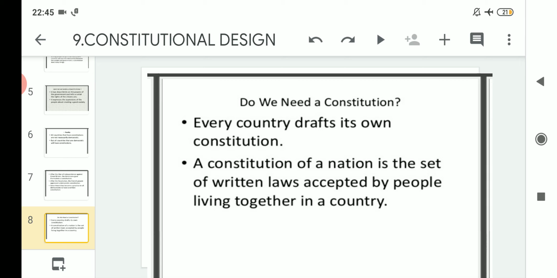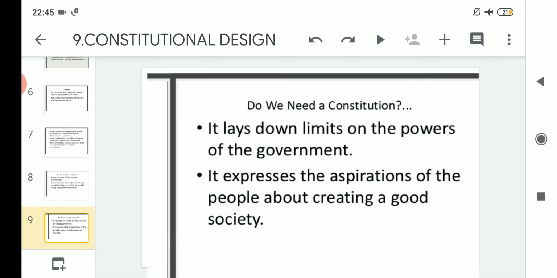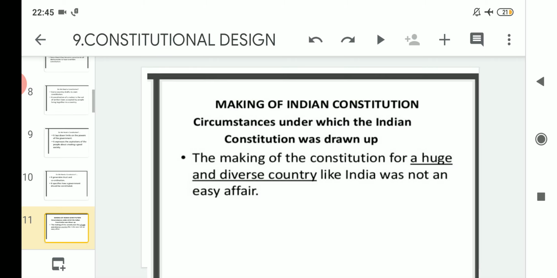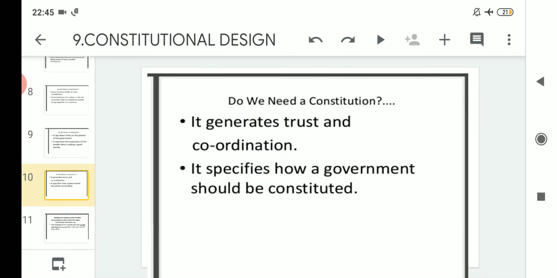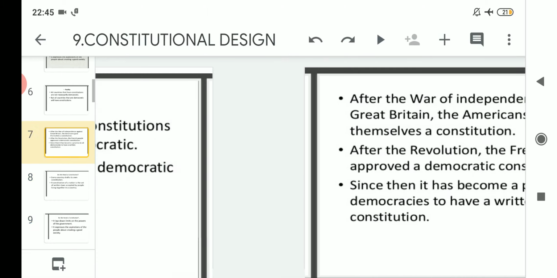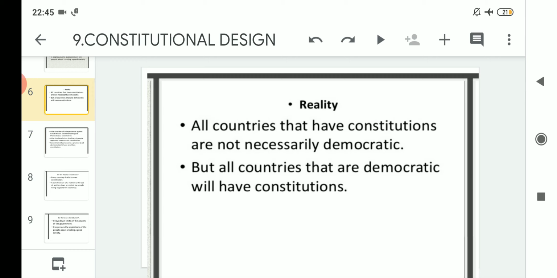Clear? We have also read about what it is. The constitution is a set of written laws that should be followed by the people. After that, we read about the trust and coordination factor, and one important thing we learned today was that all countries that have constitutions are not necessarily democratic.